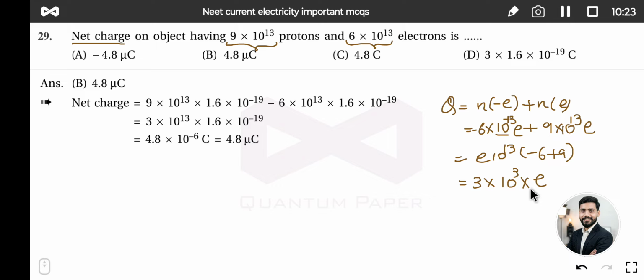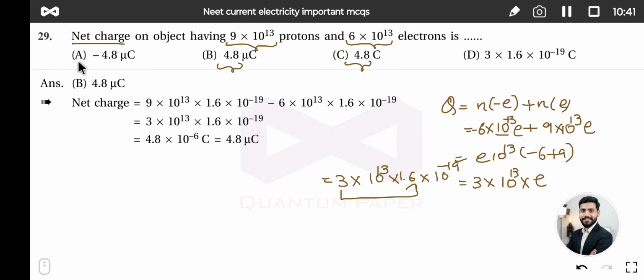So if we substitute the value of e, which is nothing but 1.6 into 10 raised to minus 19. Okay, if we just multiply the numbers 16 into 3, that is nothing but 48. Okay, so we have two options with 48. This one is negative, so this is wrong. So we will solve the power.